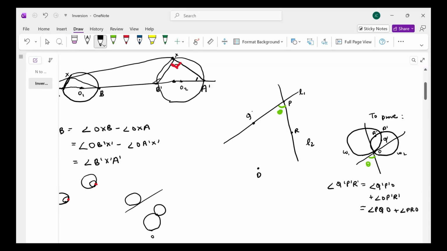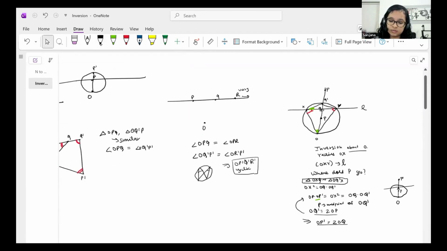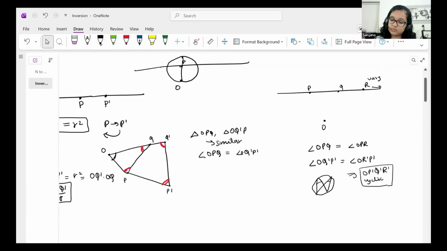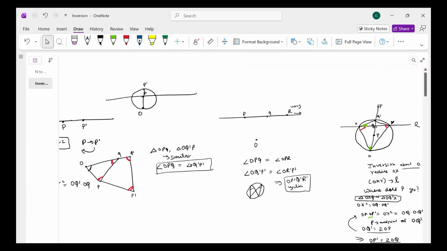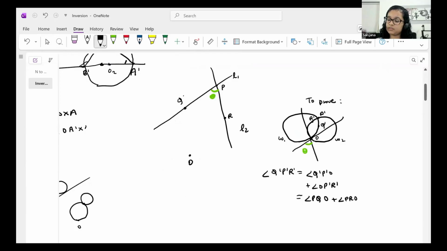Can you explain how we got these angle conditions? Okay, were you there when we proved that in general, for some inverses P prime and Q prime, we have this equality, angle OPQ is equal to angle OQ prime P prime? Yes. So we're just considering random points on these circles and applying that same property.